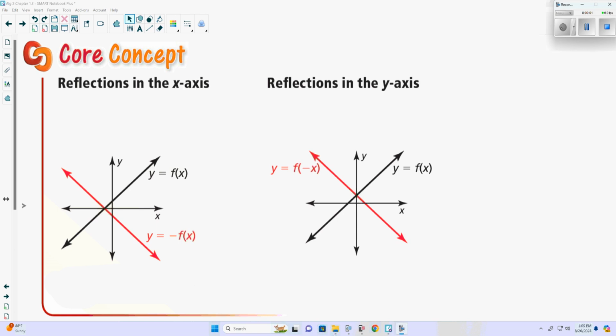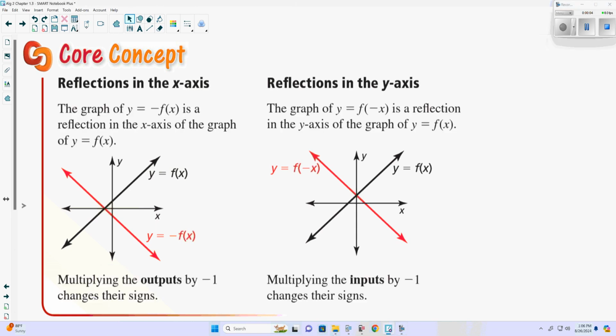Finishing up with reflections. Now this again, I already gave these to you. You're not going to have to write this out, but the key equations that we have for both of these here. For reflection across the x-axis is negative f of x.